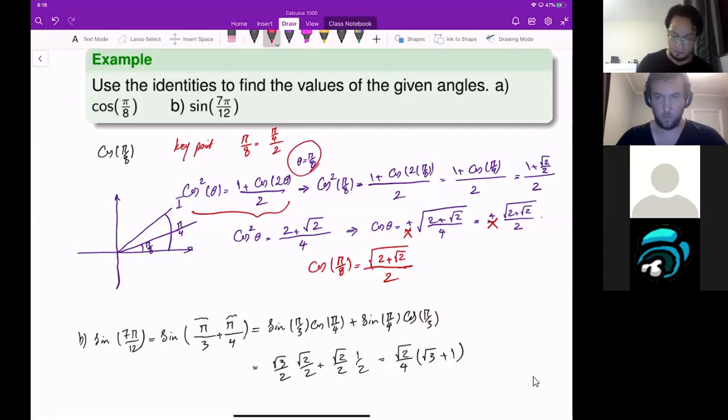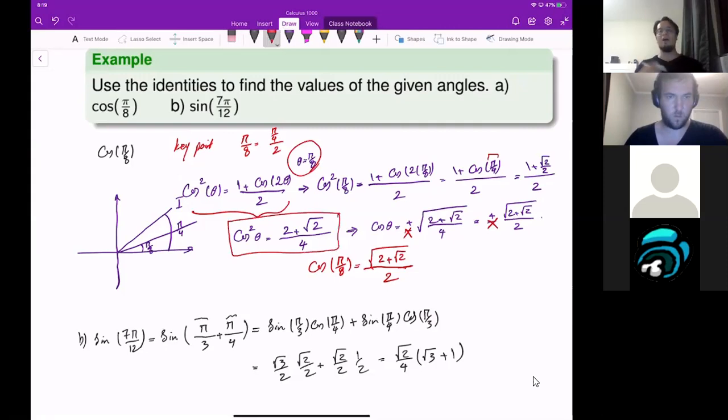Because when you multiply pi over 8 by 2, you get pi over 4, and that is a special angle, and you know what the sine and cosine of that are.